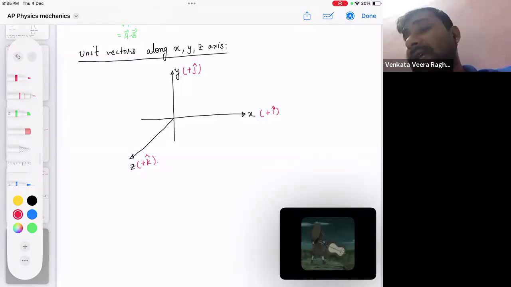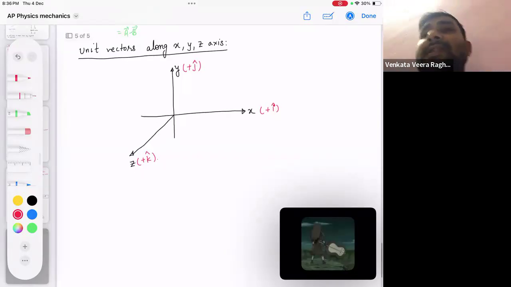So these are the unit vectors, and what do we know about a unit vector? It only provides the direction. It doesn't give us any magnitude at all. Is that clear? So if you want to find a unit vector, how can you find it?